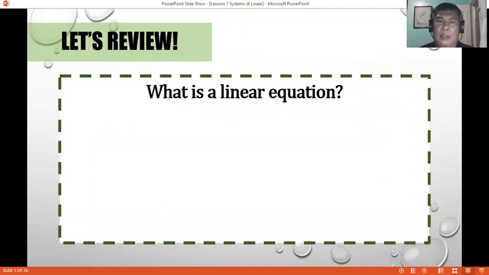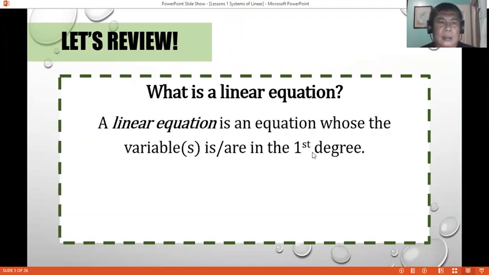First, let us define what is a linear equation. From the word line, straight line. A linear equation is an equation whose variable or variables are in the first degree. Yung exponent ng x is 1, yung exponent ng y is 1. Pag naging square yung x or yung y, then quadratic na siya. Hindi na siya linear.